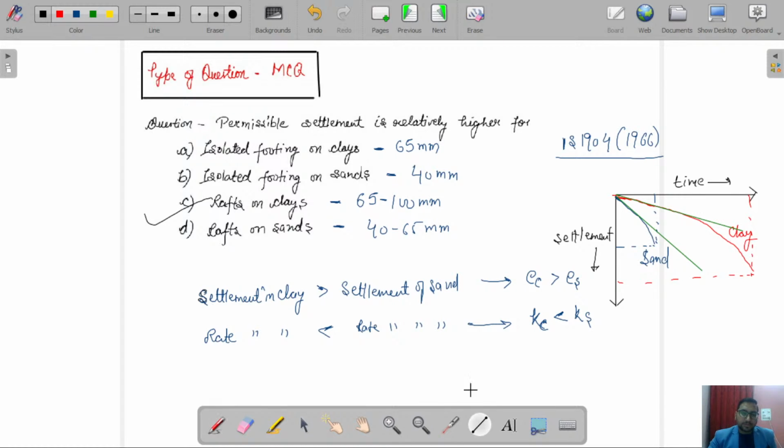Suppose I take the case of an isolated footing. This is my isolated footing. It means this part is going to transfer its load to the soil.